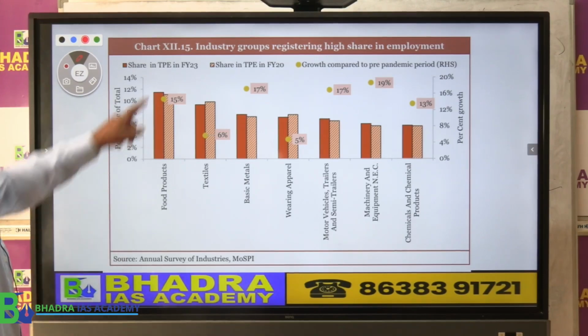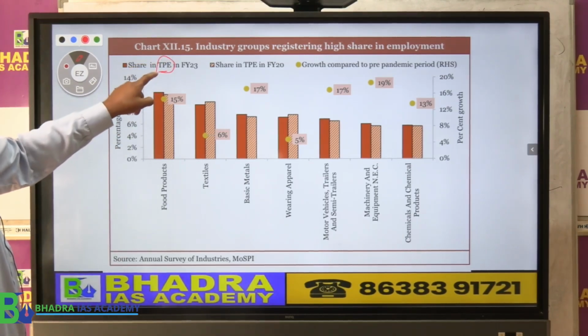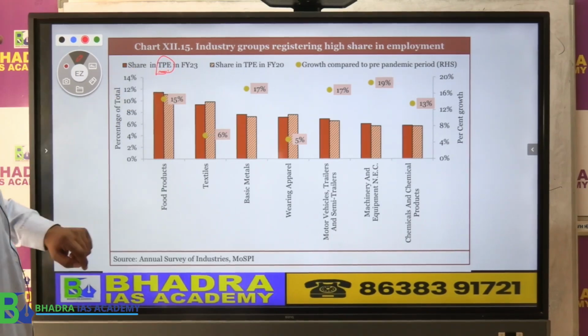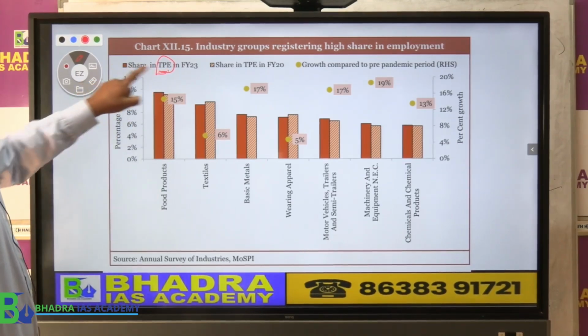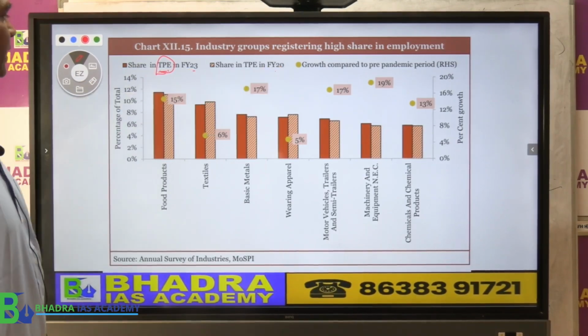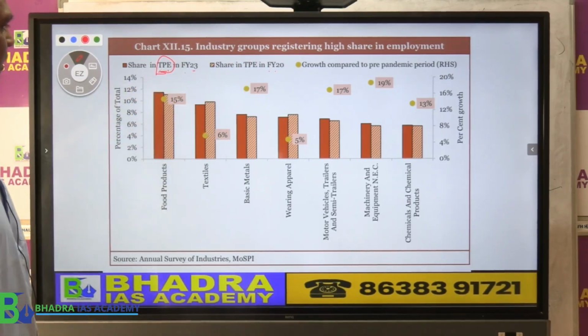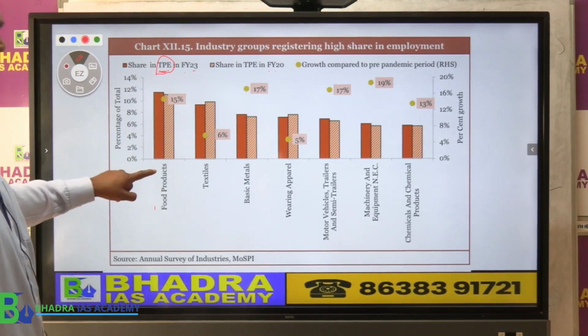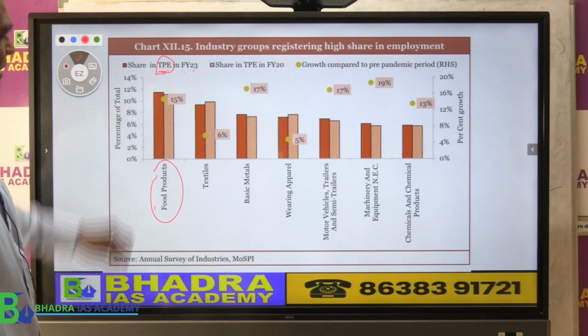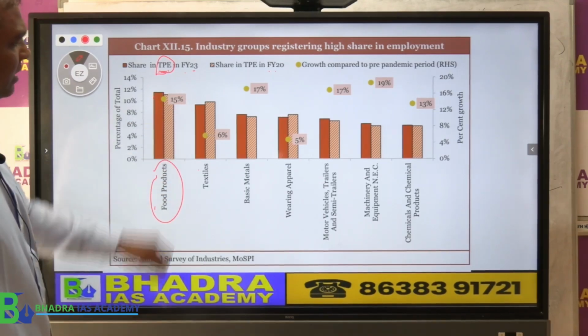This is the total persons employed, TPE meaning total persons employed. The comparison is given for 2020 and 2023. If you see from 2020 to 2023, what is the difference? In food products industry, it has increased. Textile, there's a little reduction.